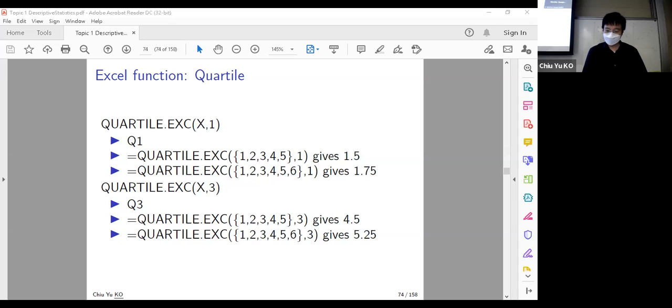VAR.P will give you the population variance: you subtract the mean, take the square, over n. If you do the standard thing, use VAR.S. This will give you the sample one.